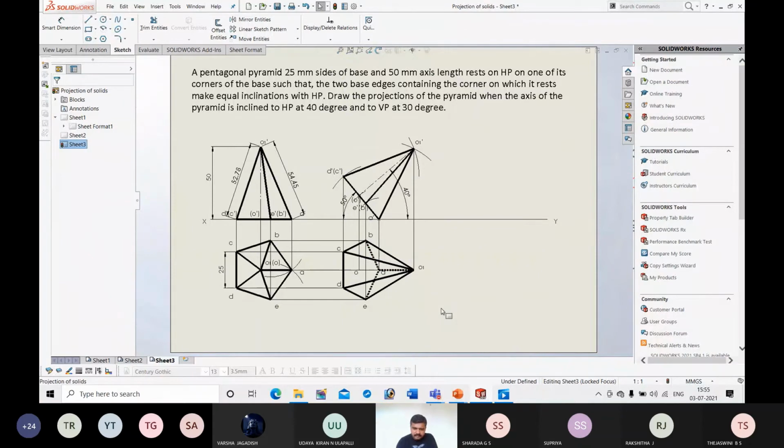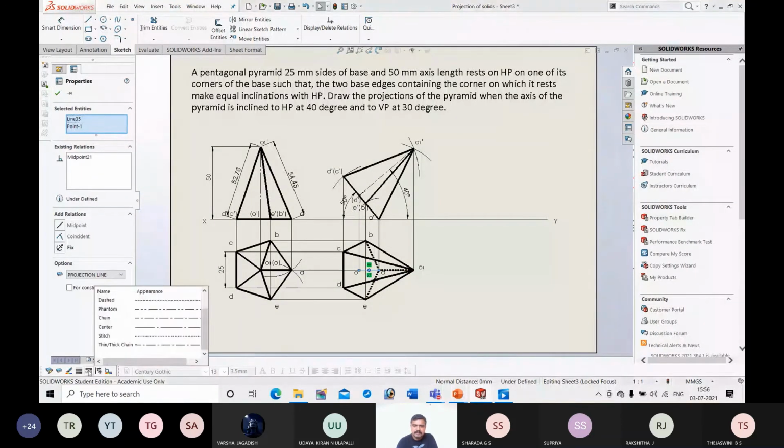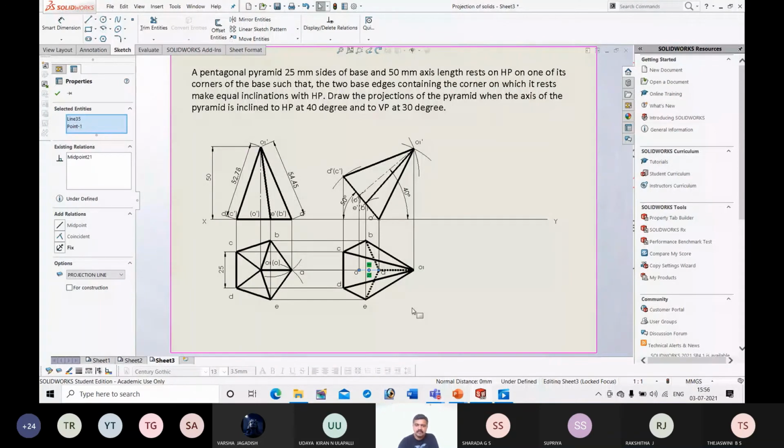Okay, next I should represent axis, but A to O1, so the axis will overlap with slant edge. So for the remaining thing, I should draw a chain dash line. Only this much remaining portion I can represent as a chain dash line. Okay, so this is the second top view.